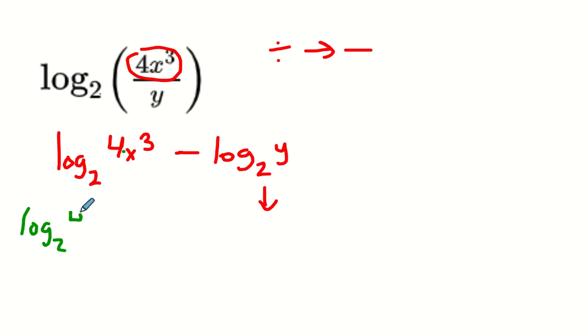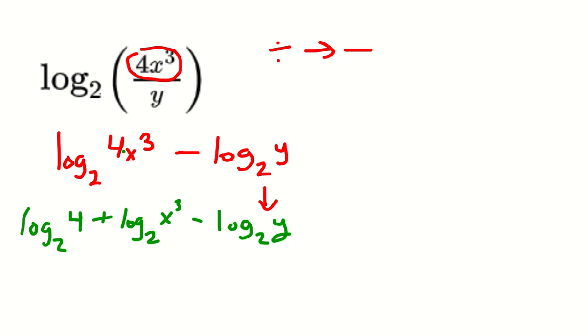What's being multiplied is 4 and x to the third, so those are the two things separated. Plus log base 2 of x to the third. And then just bringing this down, log base 2 of y.